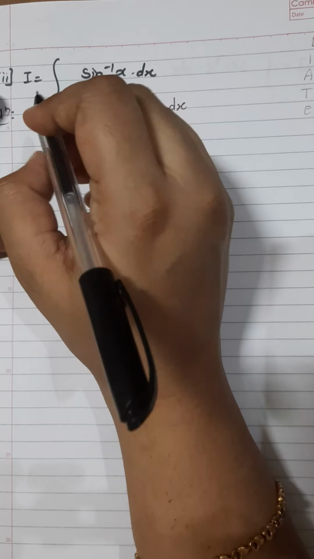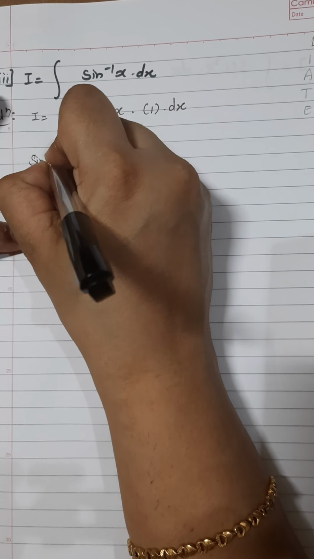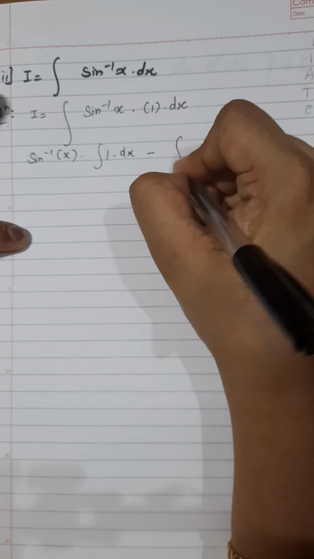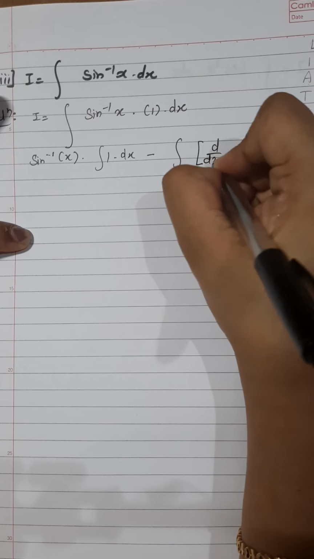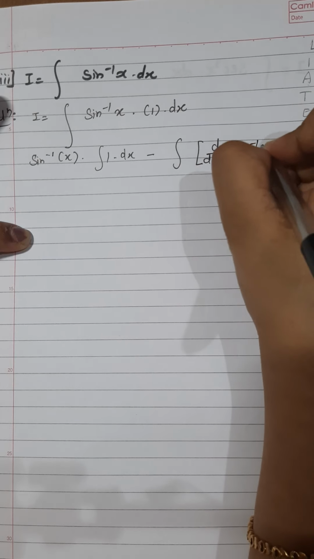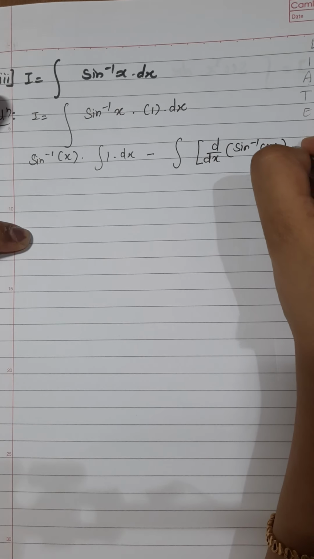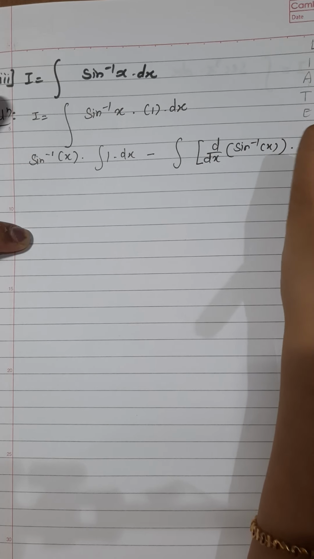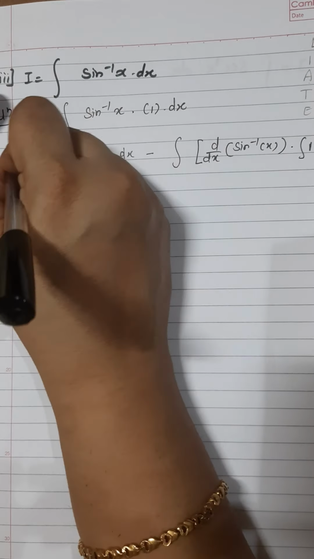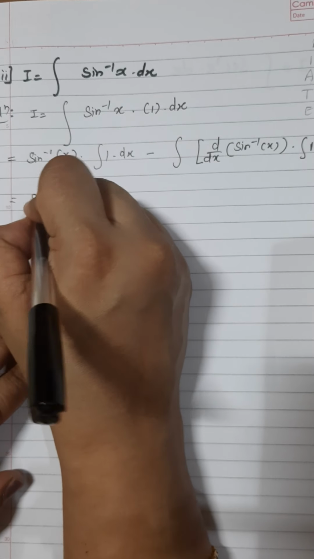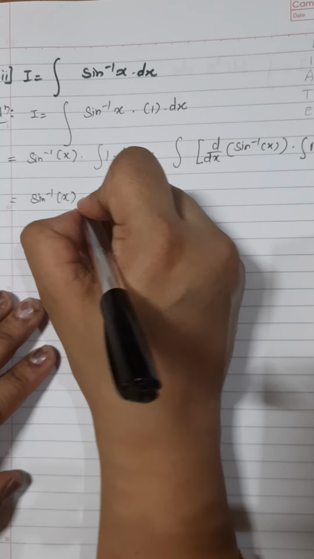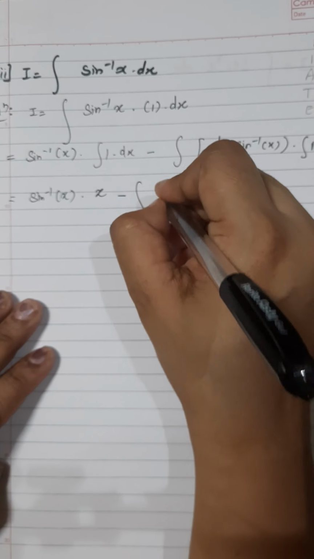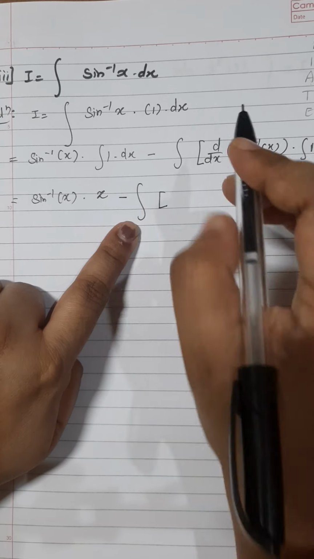Integration of u into v is u into, so sine inverse x into integration of 1 dx minus integration of d dx of u into integration of v dx, and this is for the outer. So we get, this remains as it is, sine inverse x into 1, the integration is x, minus, this is the outer integration, we will keep it as it is for the time being.